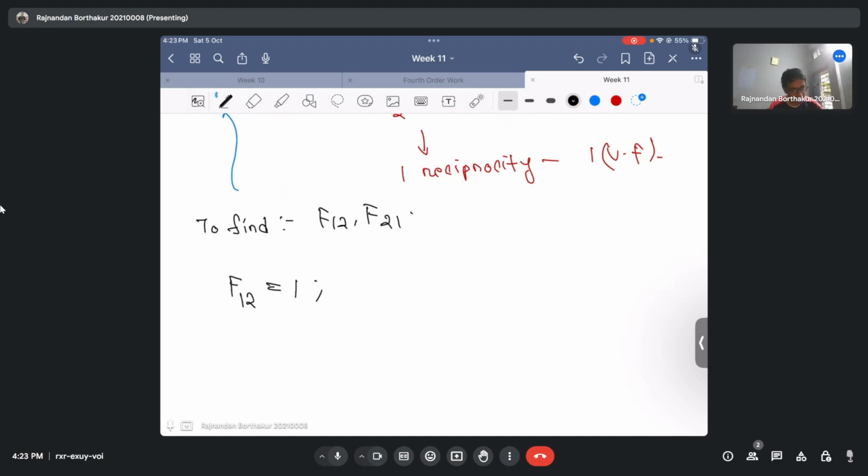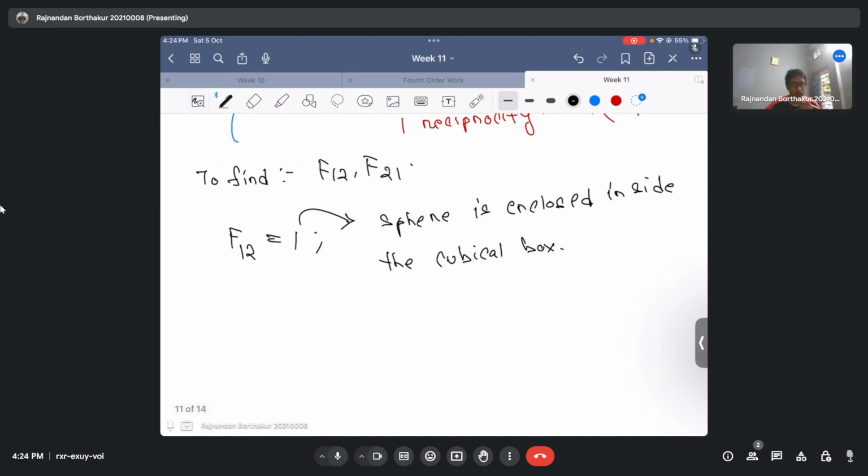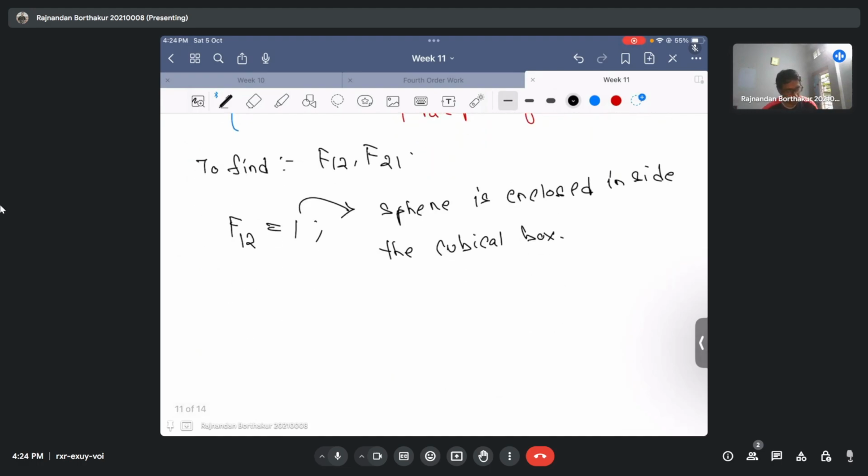And this is so because the sphere is enclosed inside the cubical box. Which means I directly know f12 by inspection, and for f21 I can use the reciprocity relation.